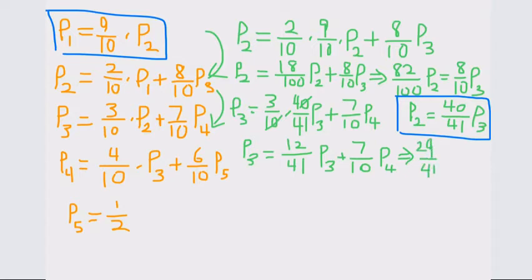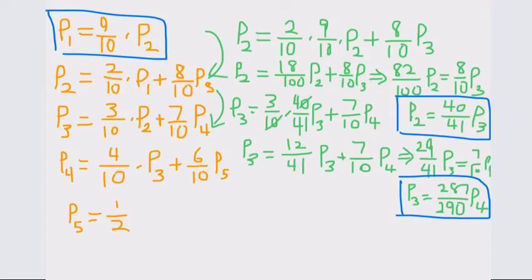That's 29 over 41 p3 equals 7/10 p4. And multiply both sides by the reciprocal, which is 41 over 29. So we get p3 equals 41 times 7 is 287, 29 times 10 is 290, p4. We have p3 in terms of p4.